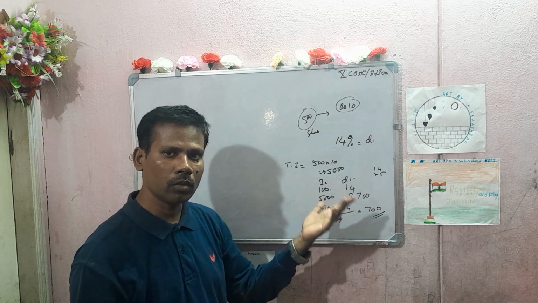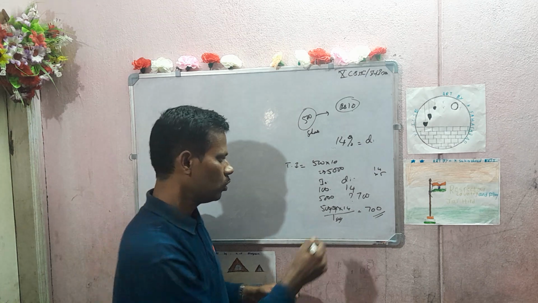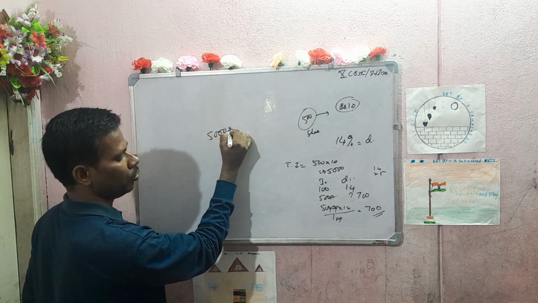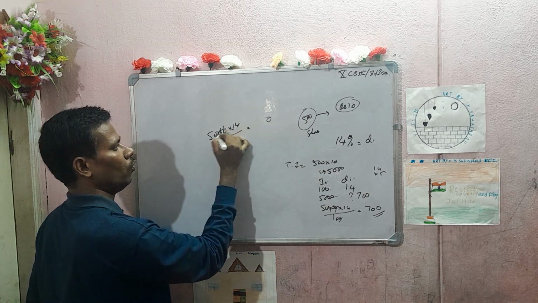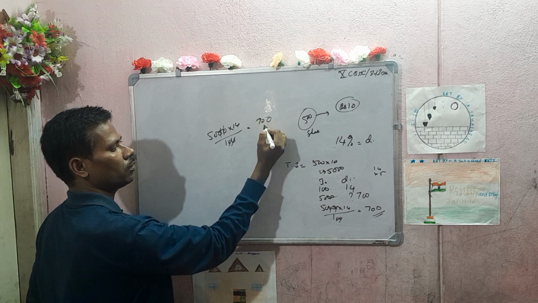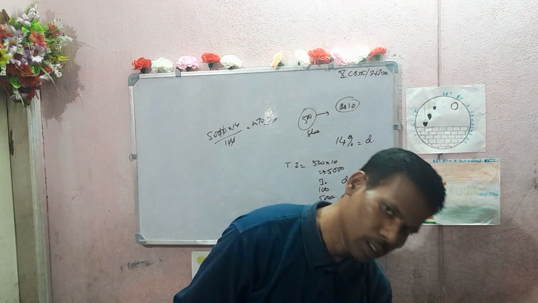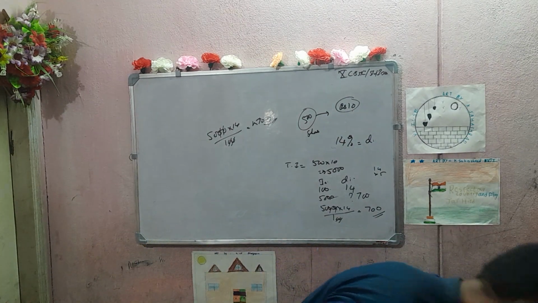Now I have 5000 rupees. How much will the company give? 5000 into 14 by 100. 2 zeros, 2 zeros cancel, 14 into 5 is 70, so rupees 700 is the answer. This is a different method. Next one.